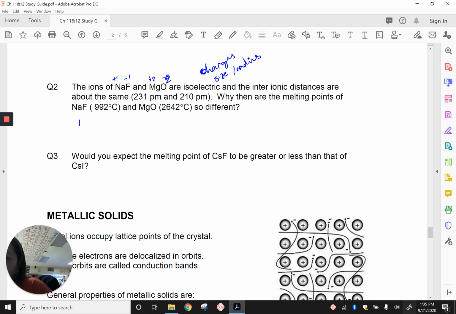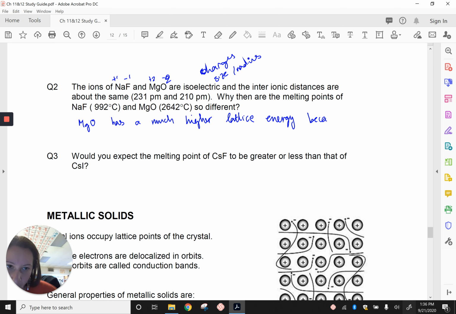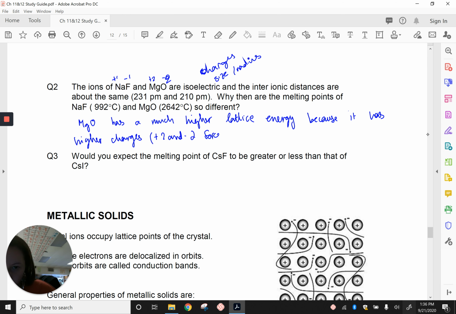So MgO has a much higher lattice energy because it has higher charges, +2 and -2 for MgO versus +1 and -1 for NaF.